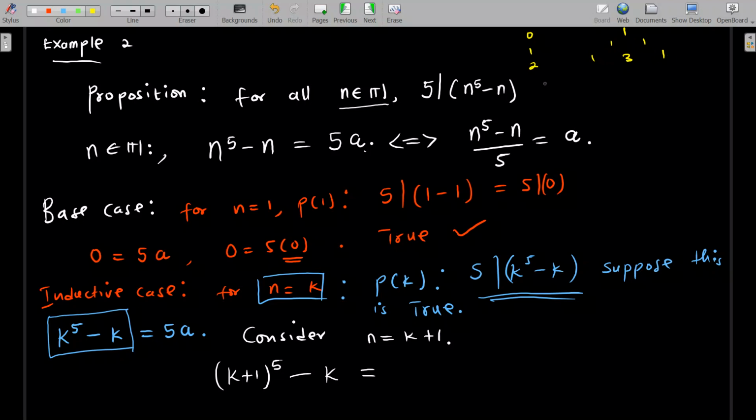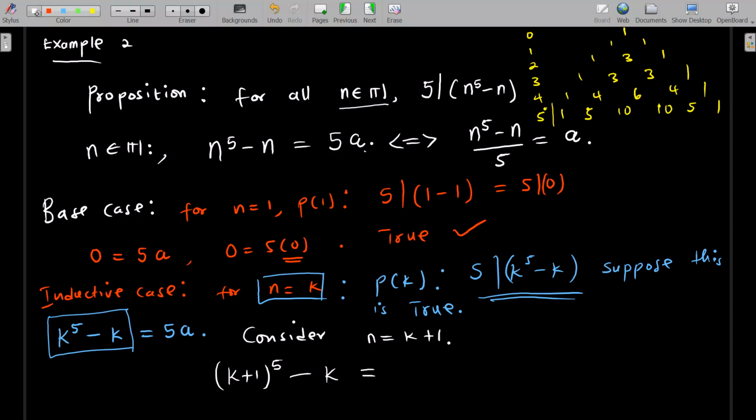When you have 3, you have 1, 3, 3, 1. For 4, you're going to have 1, 4, 6, 4, 1. For a power of 5, I'm going to have these coefficients: 1, 5, 10, 10, 5, and 1.